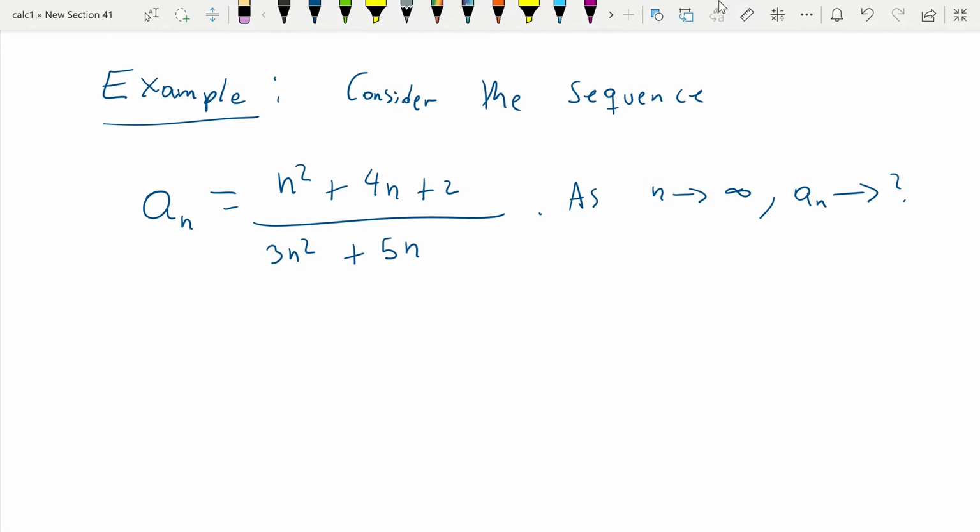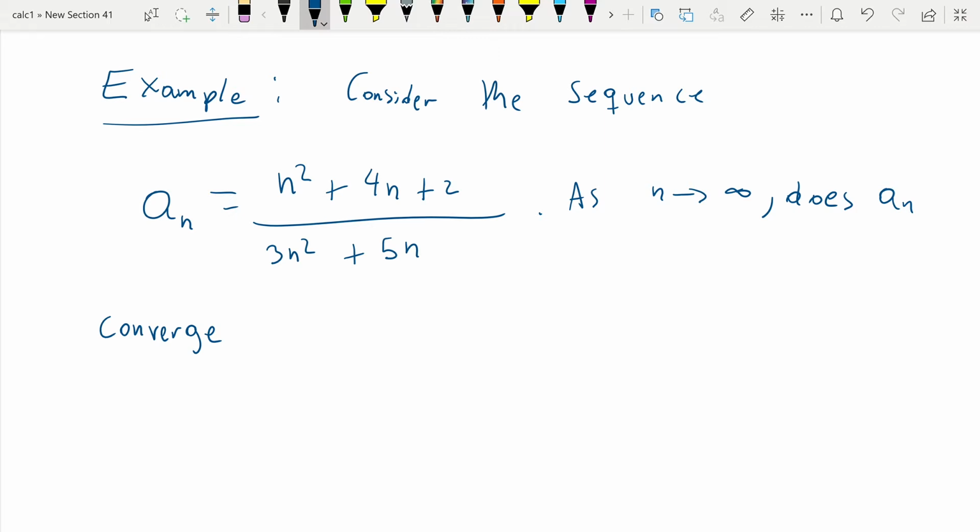So first of all, as n goes to infinity, does a sub n converge? That means that a sub n is going to a certain number, has a limit L or A, the way we defined it in the previous video.